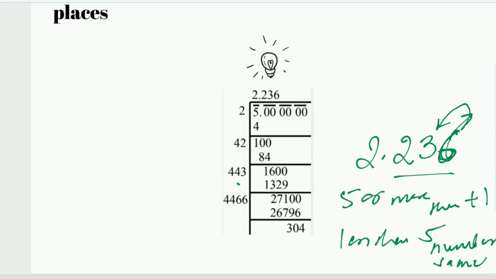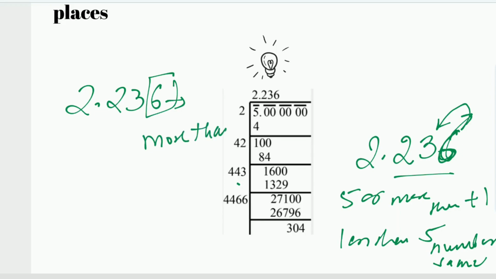So in this case, it is 2.236. The digit is 6, hence it is more than 5. If it is more than 5, the 3 becomes plus 1. So the answer will be 2.24. If you can't understand my handwriting, let me know.